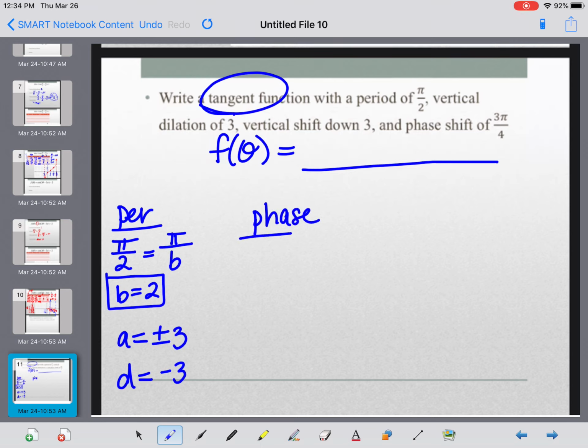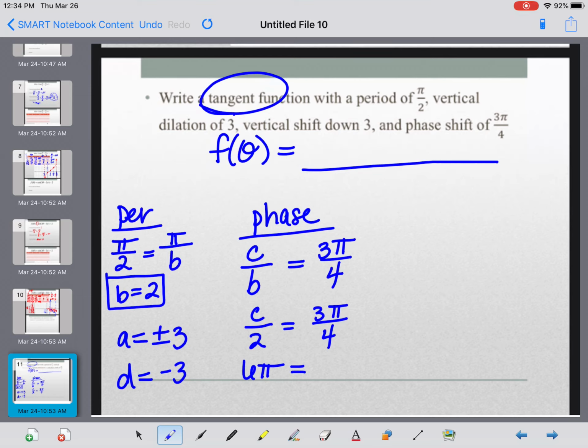And then our phase. Phase is c over b, which is supposed to be equal, in this case, to 3 pi over 4. Well, I have a b value, and I'm going to cross multiply here in order to solve.